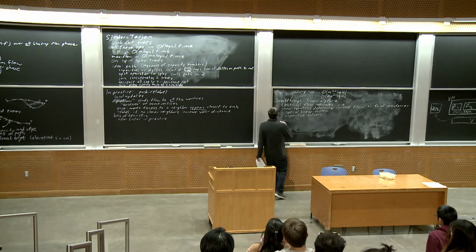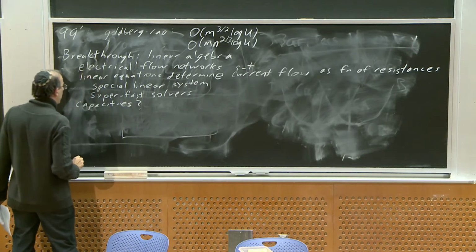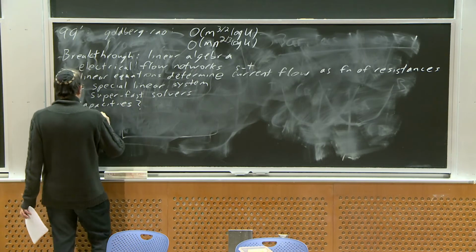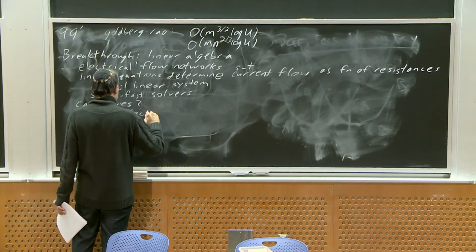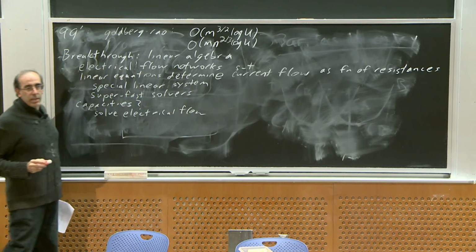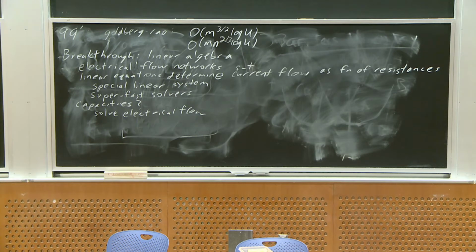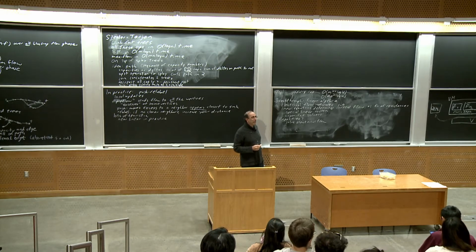Well, to enforce capacities, what you do is you solve your electrical flow. And then you notice that some of your edges are carrying too much current, right? What should you do about that if you want them to carry less current? Yes? Increase the resistance?